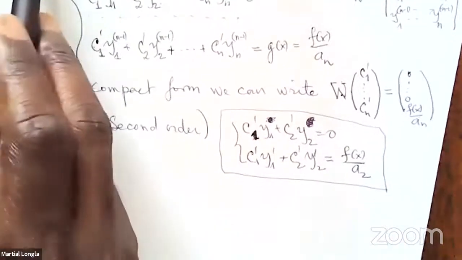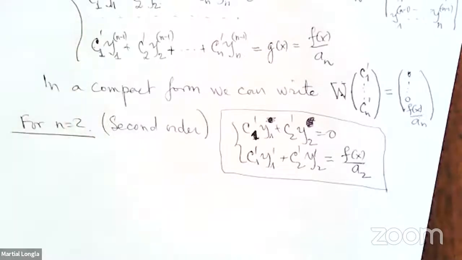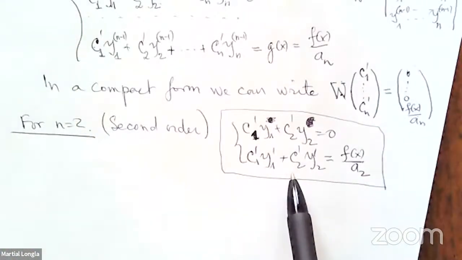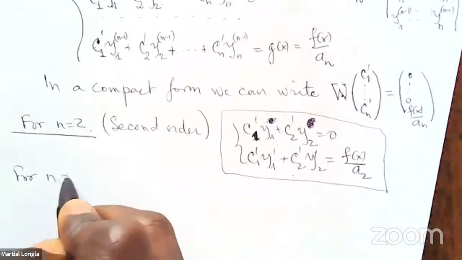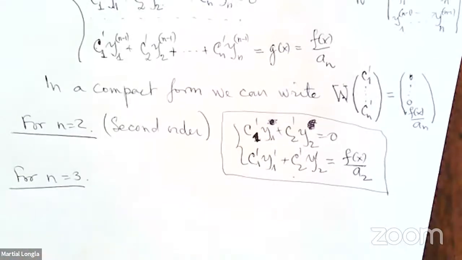So the second thing you need to do in your solution is to write down this system. Write down and solve it. And that depends on what n is. For n equals 3, you're going to have 3 functions.